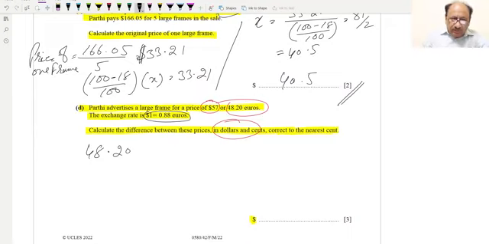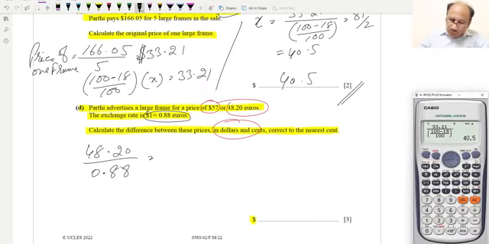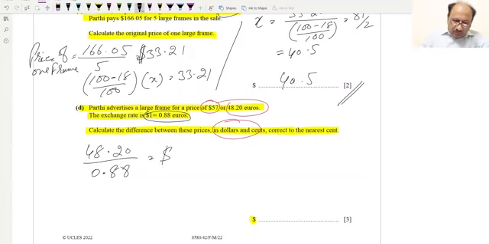If we check, euro is a heavier currency, so whatever the conversion ratio, we should get more dollars. So this will be divided by 0.88, 48.20 divided by 0.88, and this will be equal to $54.77.